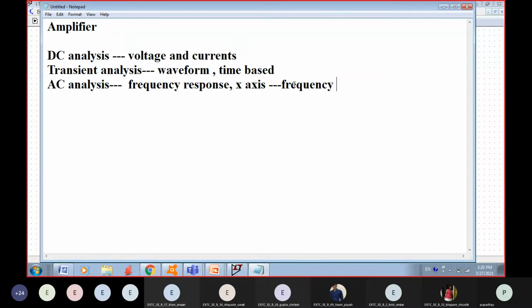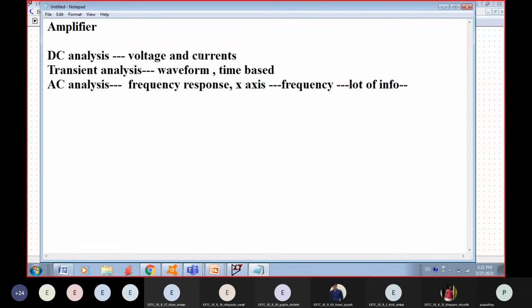So AC analysis gives you a lot of info, because it gives the output amplitude for a number of frequencies. Whereas with transient analysis, you are interested in a particular frequency, like how the amplifier behaves at that frequency. For a communication circuit, you must be interested in the number of channels or frequencies, so you go for AC analysis.